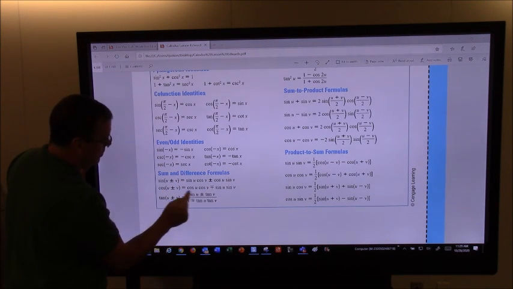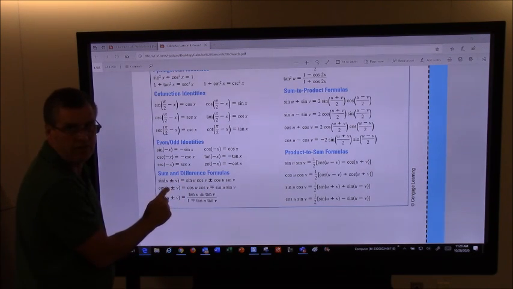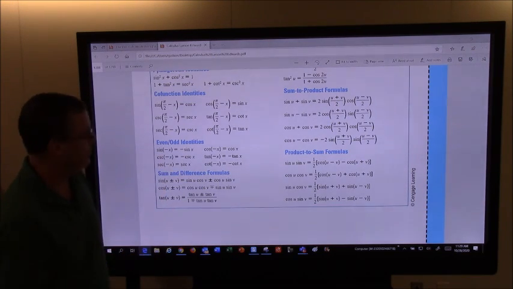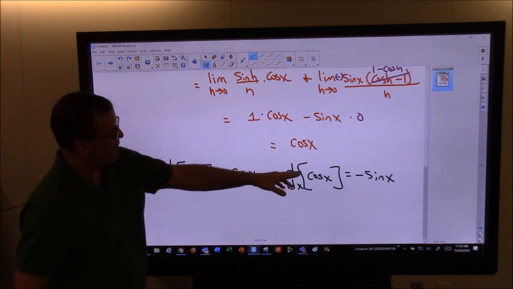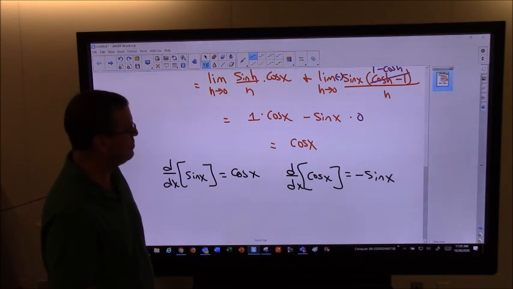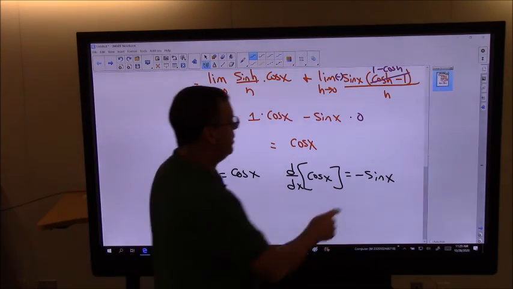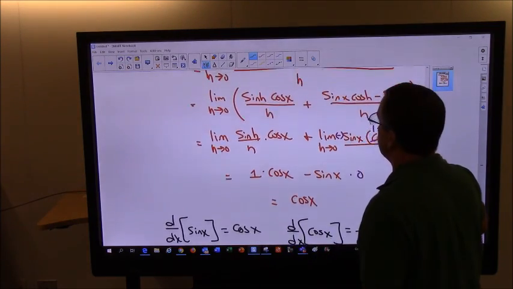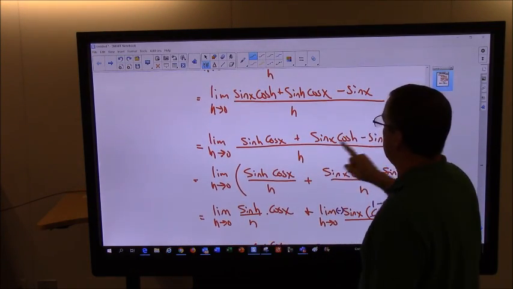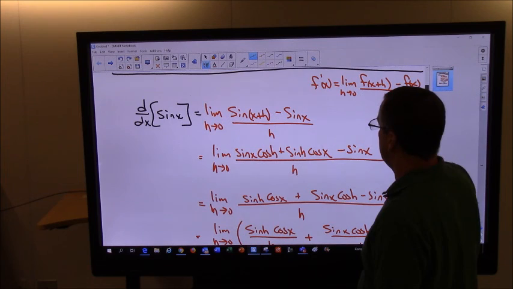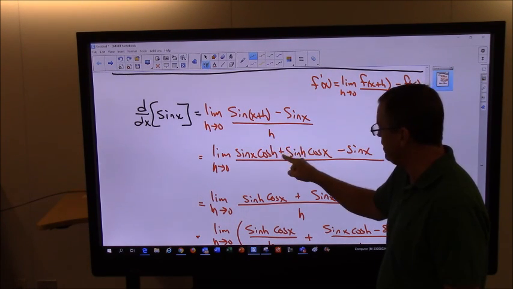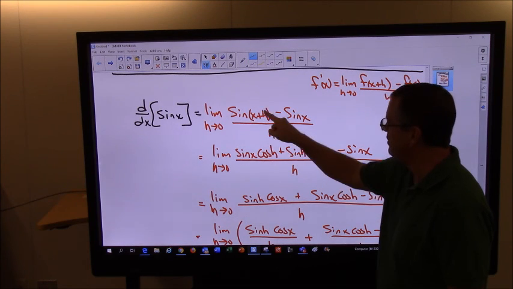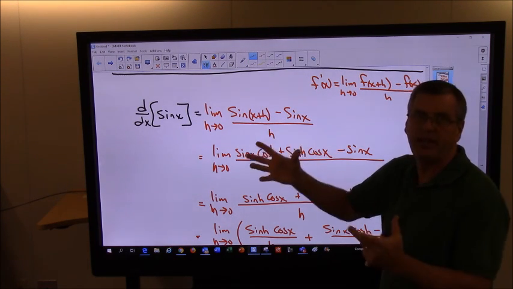You're choosing a positive when this is negative. That's what creates that opposite. So yeah, if we went through and tried to prove this the same way we just did this one, because in our sum and difference formula, so right here, if this was a cosine, when I write this down, I need to put the opposite sign here that was there. And that's where the negative comes from.